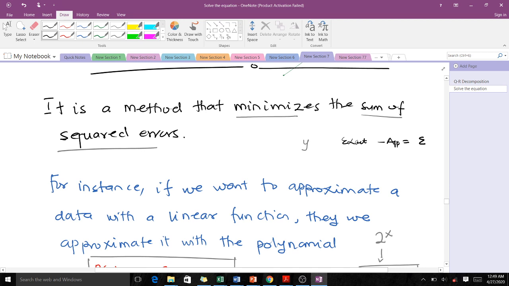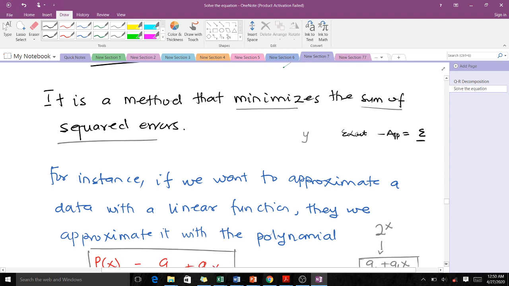Because you are making an approximation, you're not going to get the same thing as the exact. So there will always be an error, and let's call it epsilon. So what our least square method does is that it tries to minimize the sum of the squares of our errors. Okay, so we'll get there.